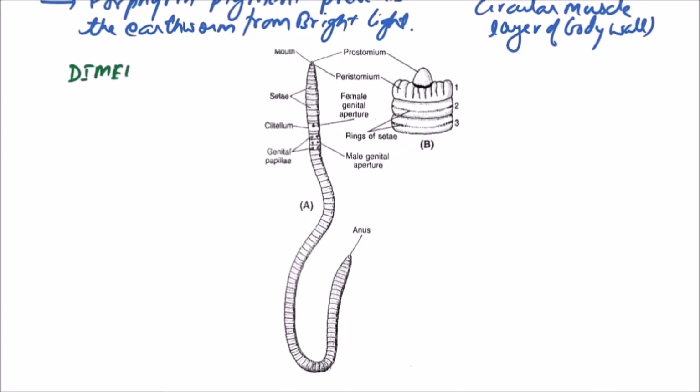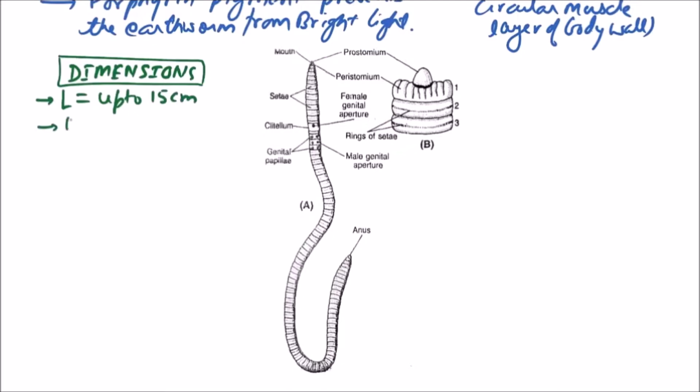Dimensions of earthworm. The length is up to 15 centimeter and the width is between 3 to 5 millimeter.